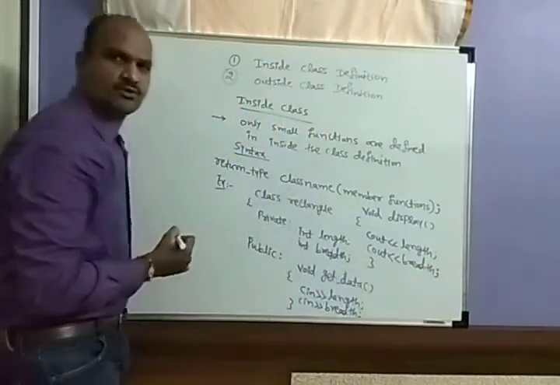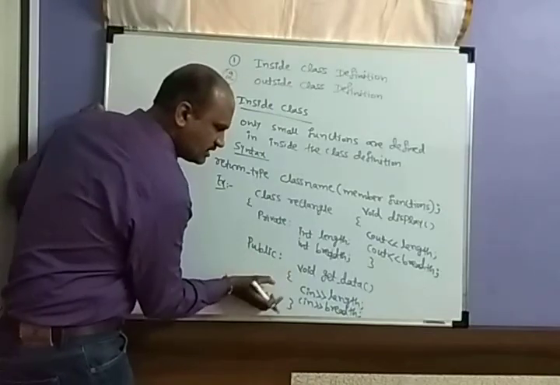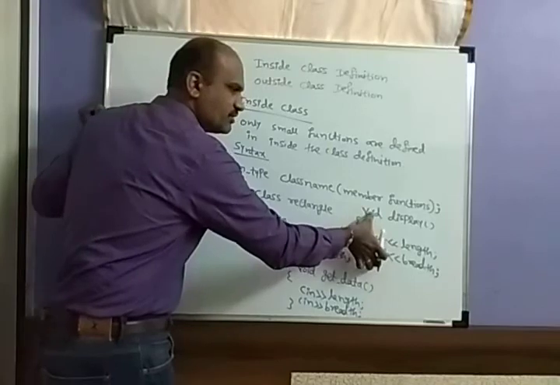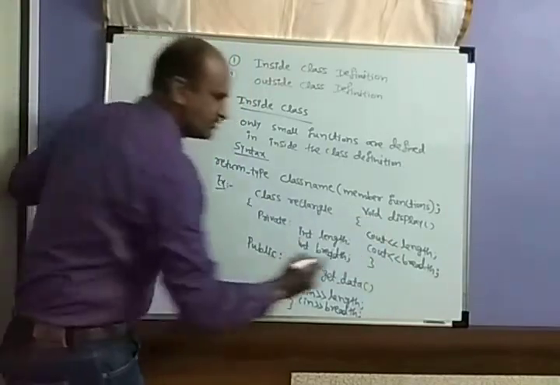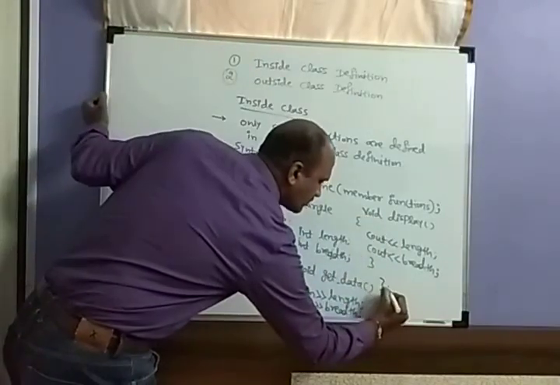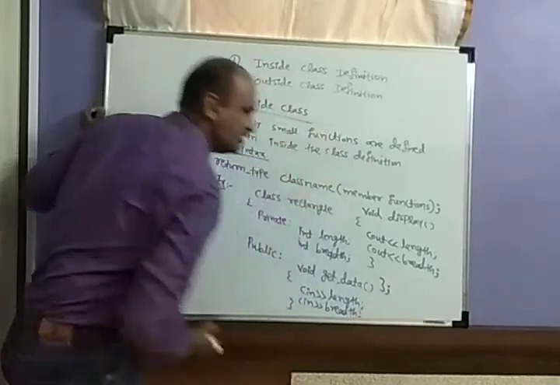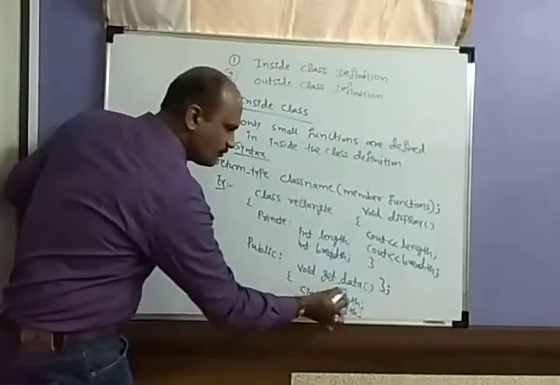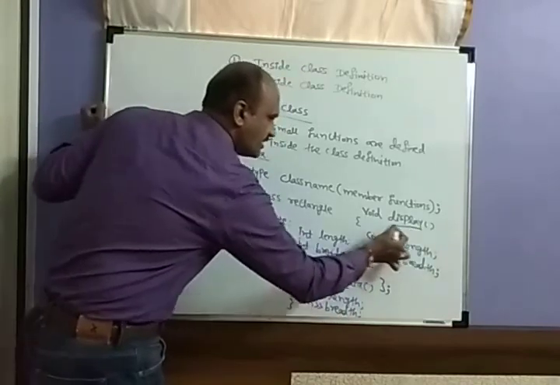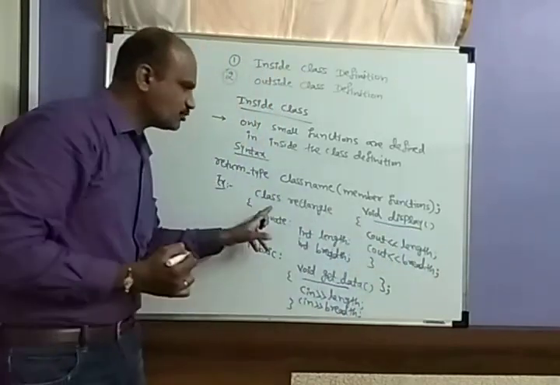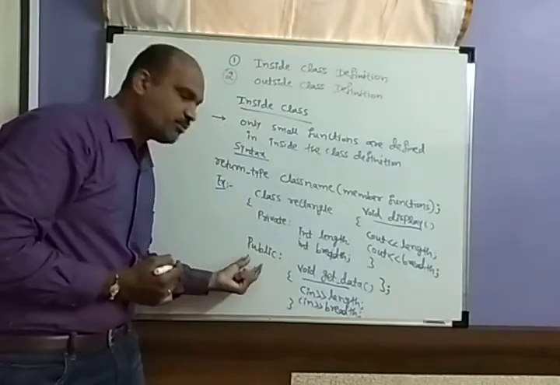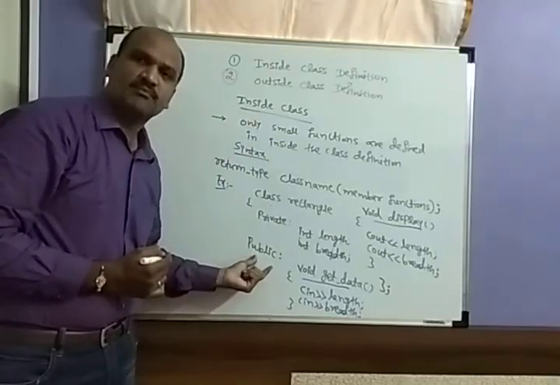Close this. So one function is for reading, another function is for writing. Next we will close the class with the semicolon. Whatever you wrote, these two functions, void get data and void display, are within the class. That's why you call it inside the class. You should write in the public section.